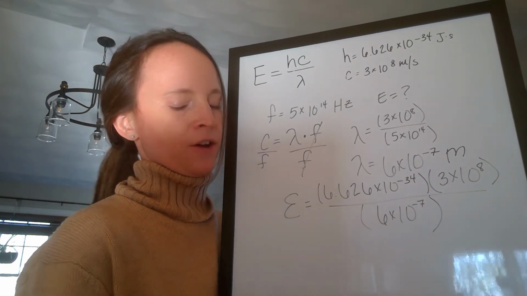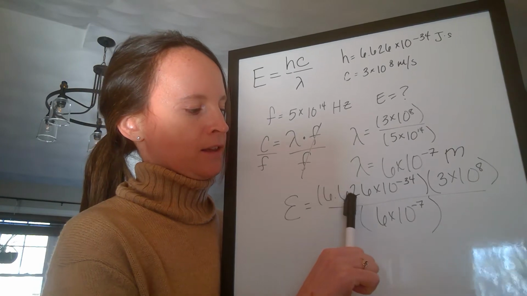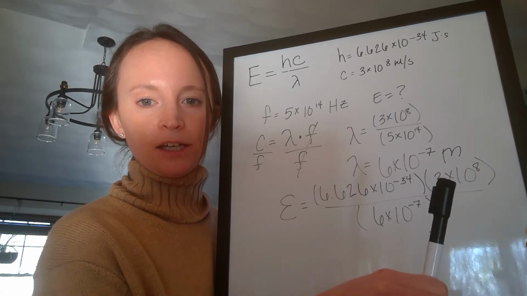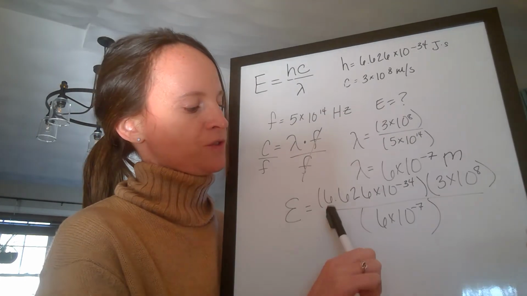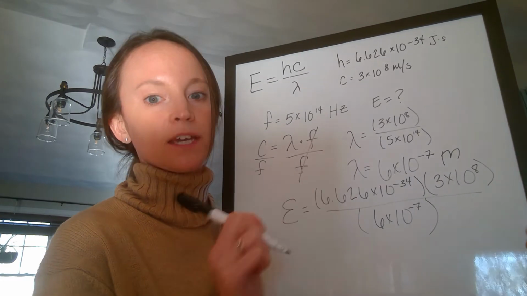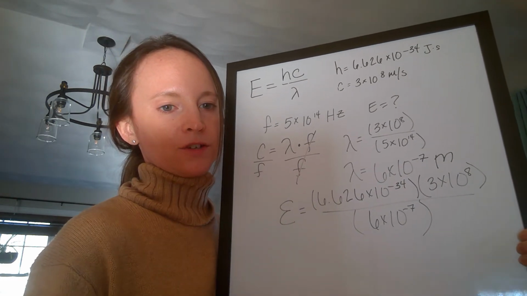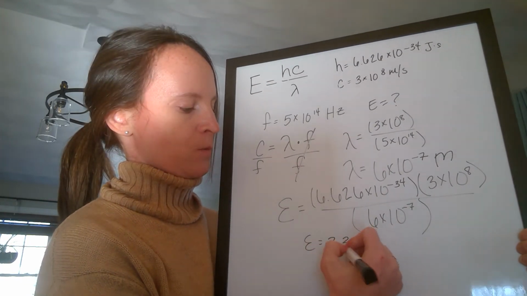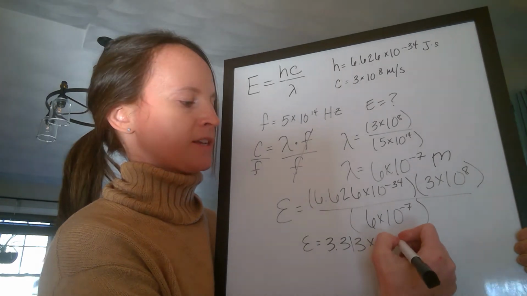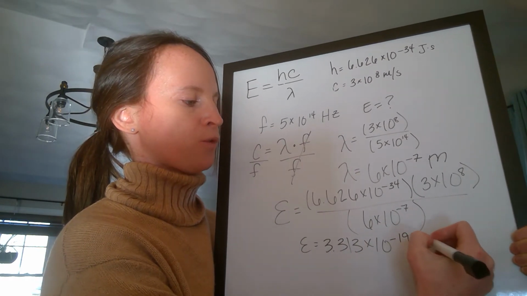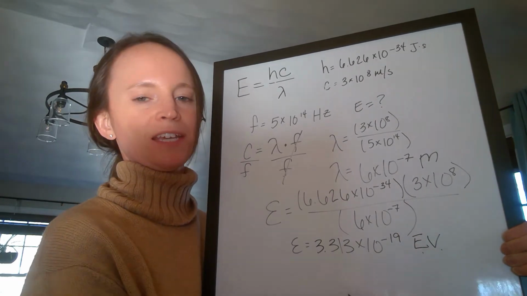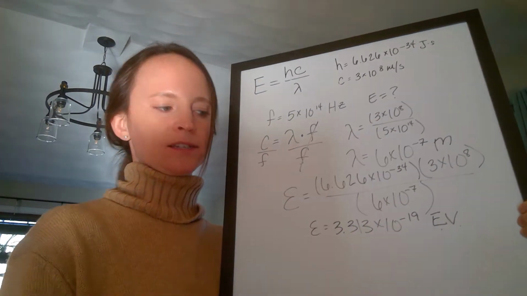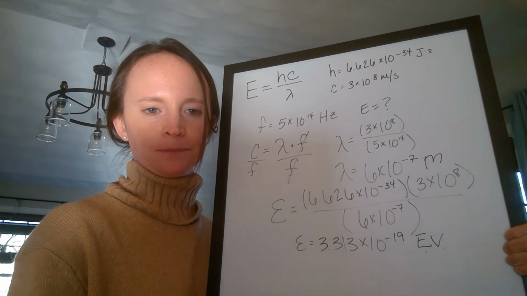Now, when you plug this into the calculator, you're going to plug in this times this in parentheses, hit equals, and then divide by 6 times 10 to the negative 7th in parentheses. And the answer comes out to be 3.313 times 10 to the negative 19th. The unit we use for photon energy is electron volts, eV. Sometimes energy is measured in joules, but with photons, it's usually electron volts.